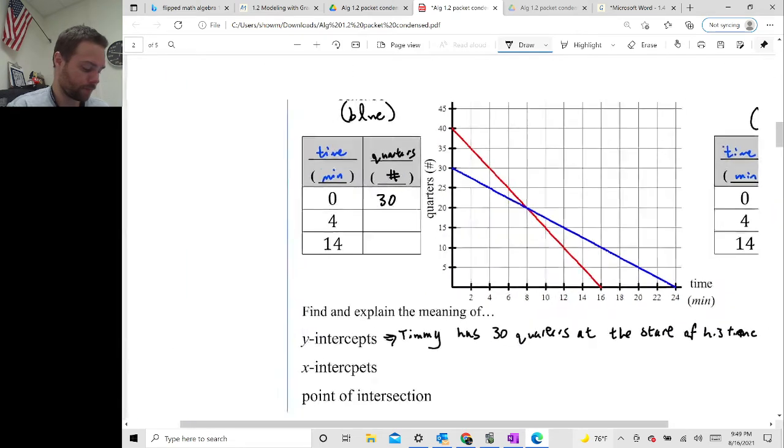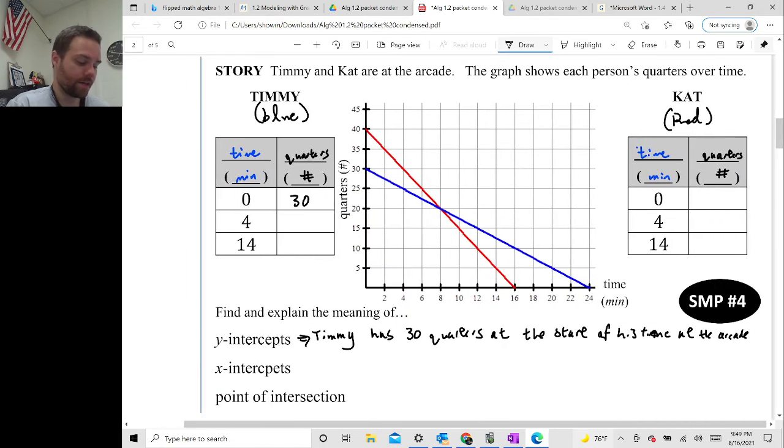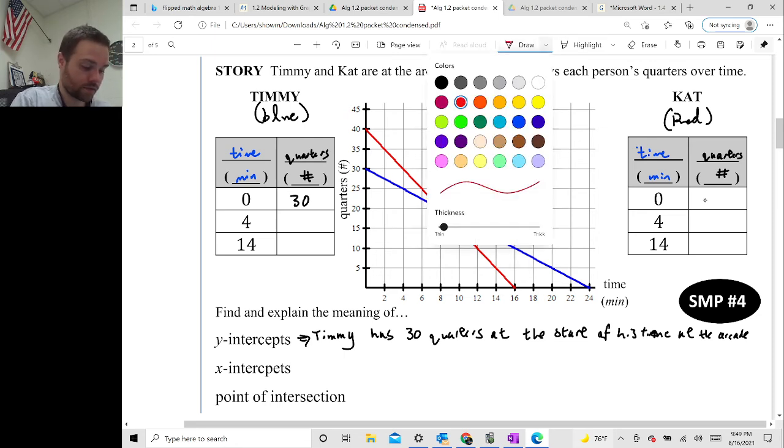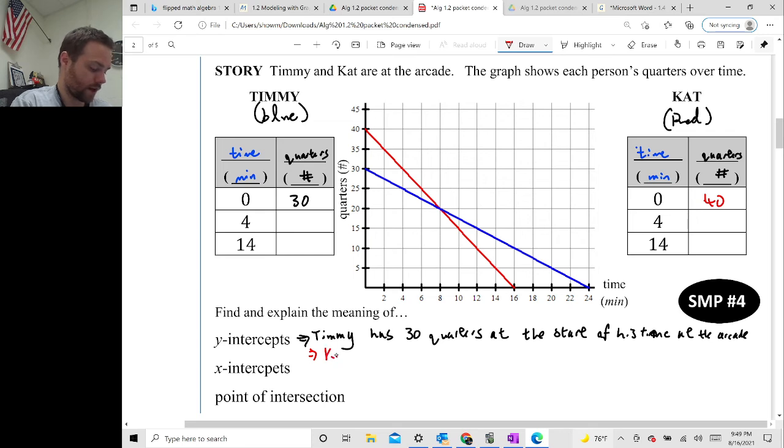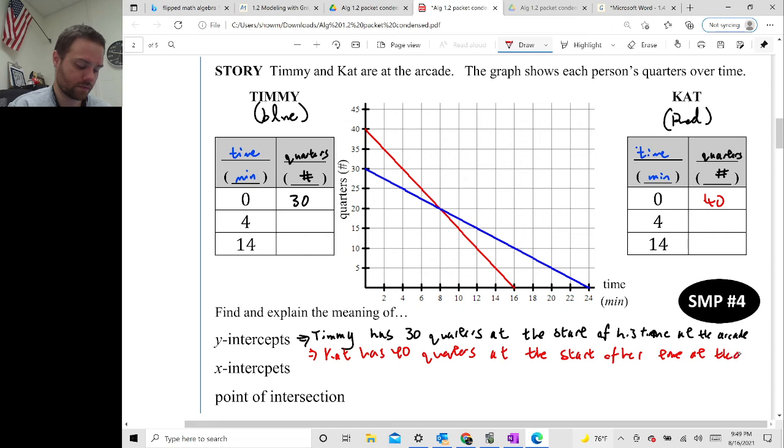Okay? Same thing for Kat. If you take a look here, she's got 40 quarters. So at the start, Kat has 40 quarters at the start of her time at the arcade.